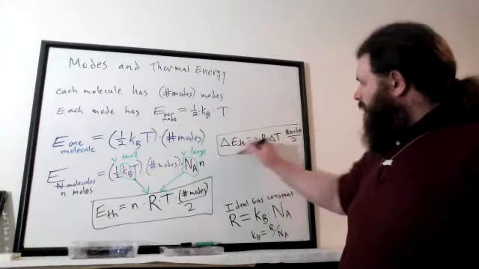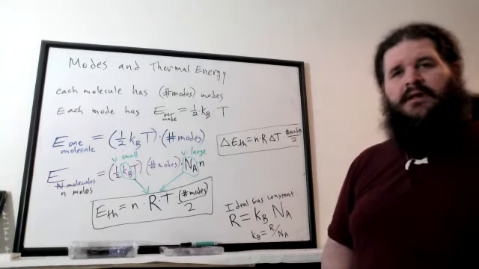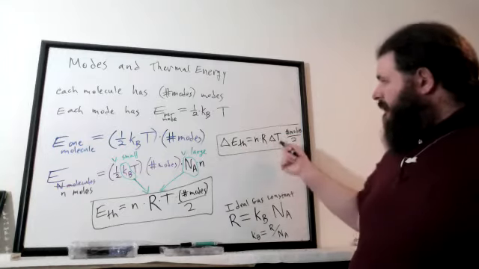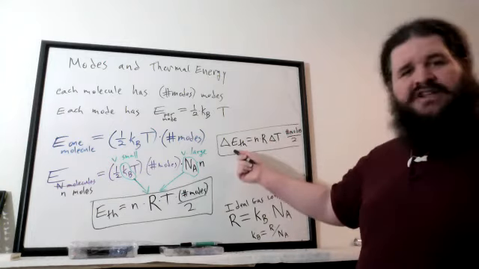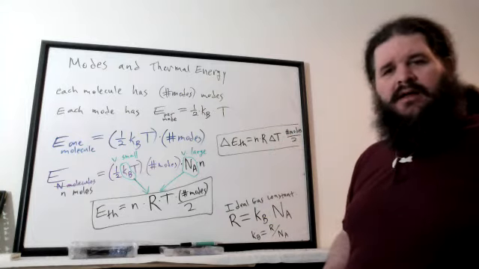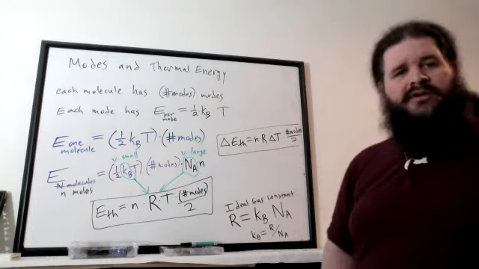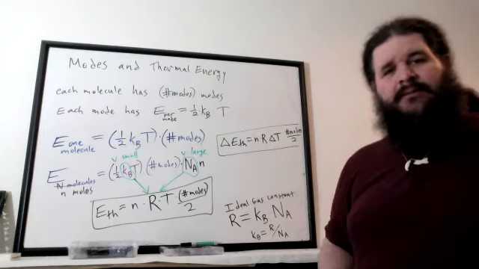So we now have a formula for a change in thermal energy, which would presumably just be the heat you add. So you add some heat, the temperature changes, and if you measure how much heat you're adding and the amount the temperature changes, and you know the number of moles, you can figure out how much of the substance there is by measuring how much space it takes up, for example.